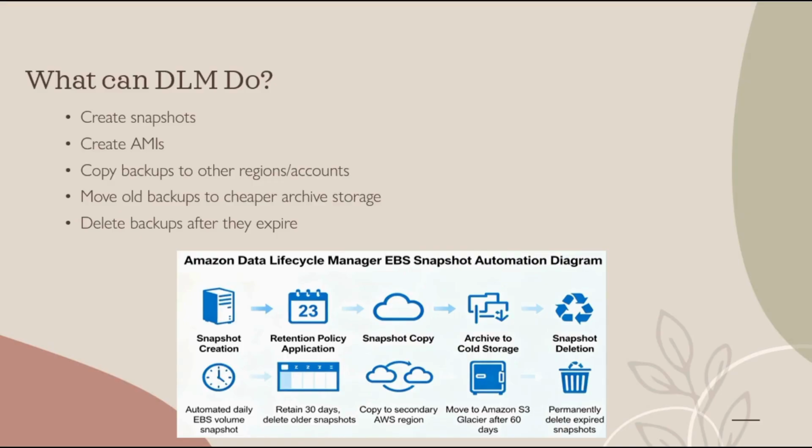It will help to prevent problems if any disaster happens at the regional level or the availability zone level. And we can also move the older backup data to the cheaper storage tier to save the cost and space. And finally, the DLM will also automatically delete the backups after they expire.